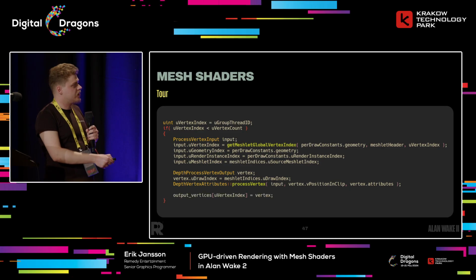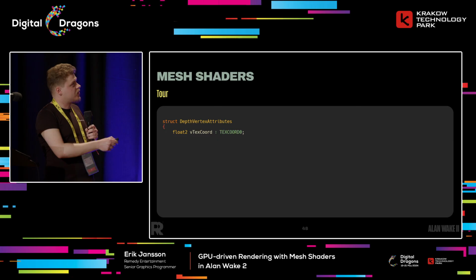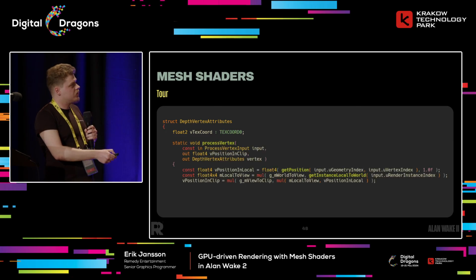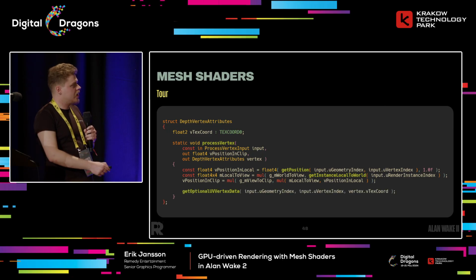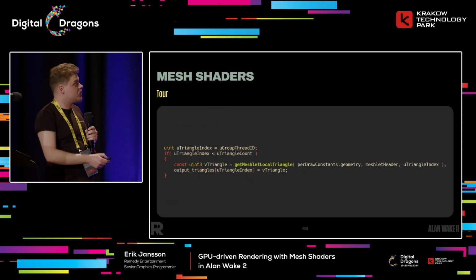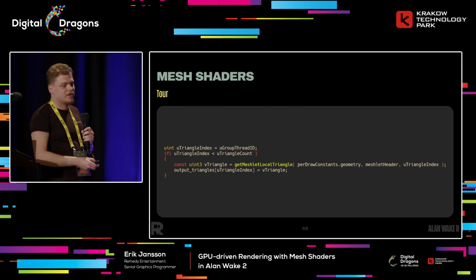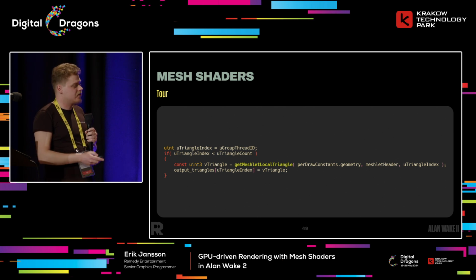And this just writes it out to the mesh shader. So that depth vertex attribute is just a texture coordinate, and that process vertex just transforms the position to the right coordinate system, and it just gets the UVs. So pretty simple. And last but not least, we output the triangles. And that's it. That's our mesh shader, at least one of the simplest mesh shaders we have.